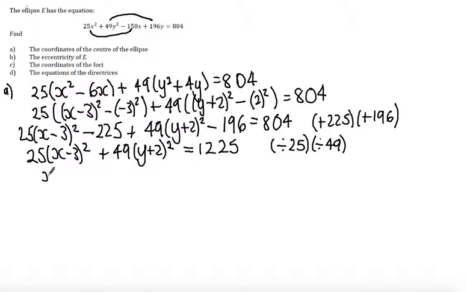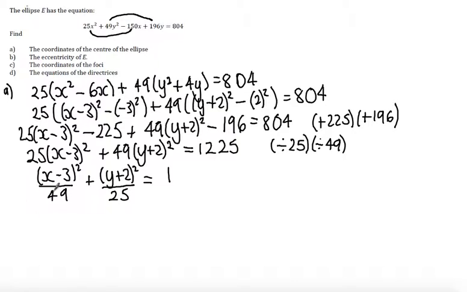So this leaves me with (x minus 3) squared over, when I divide this by 25, the 25 disappears, and then I divide it by 49, so I can only leave that as (x minus 3) squared over 49, and then I get (y plus 2) squared. Dividing by the 49 cancels, but then I get left with the divide 25, equal to 1.